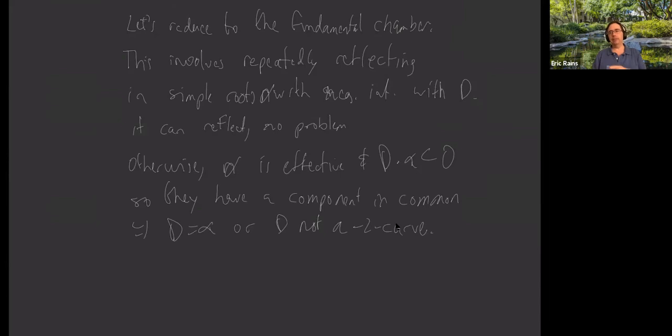Now, one thing that's slightly more annoying for these big groups is this procedure is not actually guaranteed to terminate in general. So we need another condition that tells us, yeah, we can't possibly be a -2 curve.